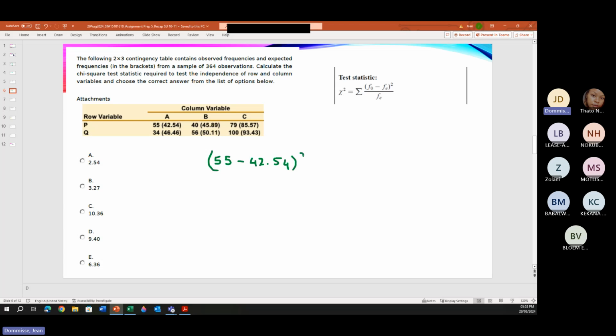So you would have needed to work out the observed minus the expected to the power of 2 divided by the expected number. And then you would have needed to do that sum for this combination, the CP combination, the QA, QB, and QC, and then sum all of them. And then you will get option D.